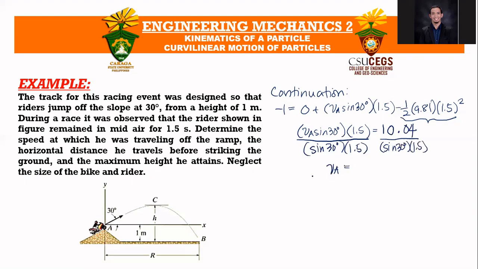So the speed of the rider, which he was traveling off the ramp, is equal to 10.04 divided by sine 30 times 1.5.